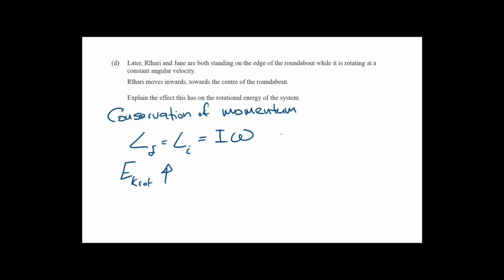Well, it comes from chemical potential energy in the legs of this person. Worst drawing of legs in the world. Maybe that's their other leg. They walk towards the middle. The chemical potential energy means that she does work by lowering the moment of inertia of the roundabout.